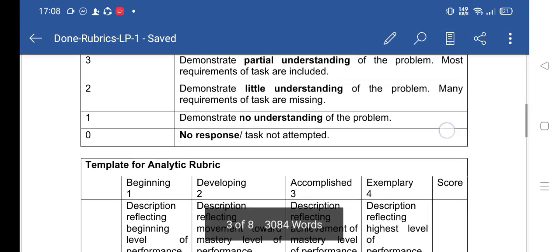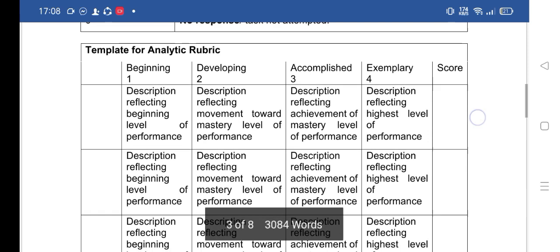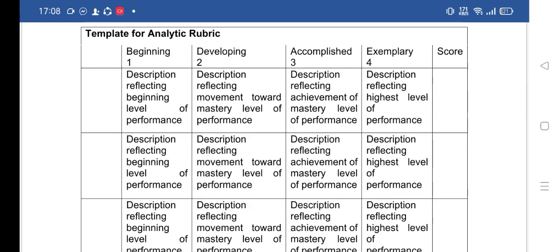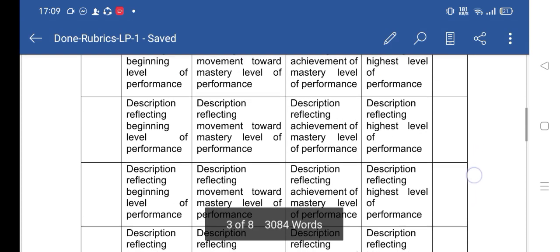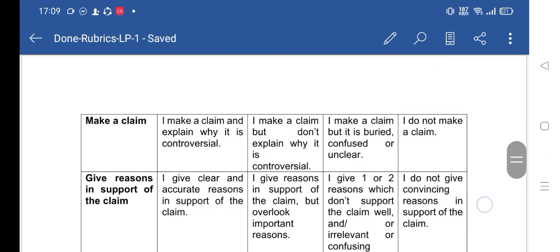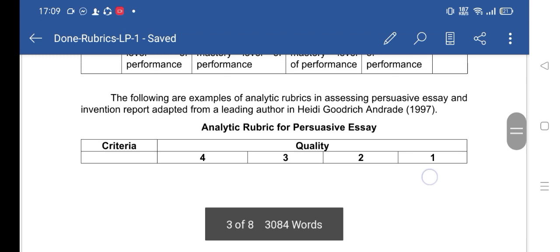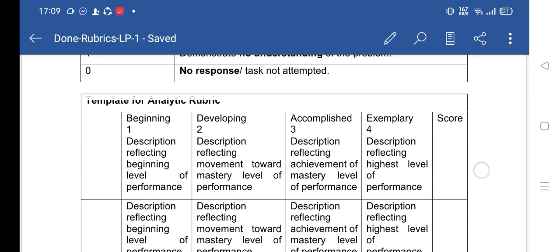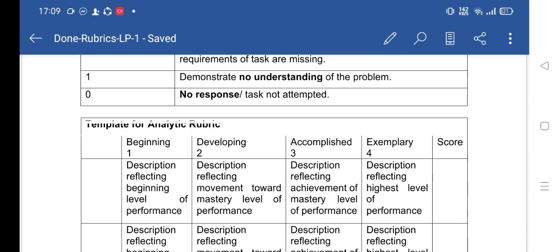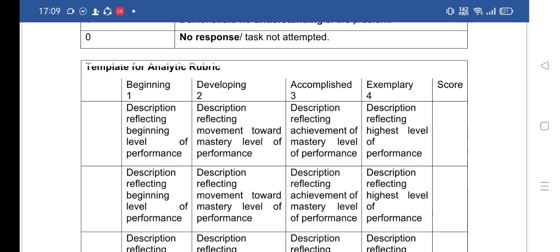So let's move to the template of analytic rubrics. So this is an example of an analytic rubric. If the teacher wants us to write an essay, the teacher will be able to use this kind of rubric to know the weaknesses and strengths of the students, whether they really understand the topic that is being discussed, or whether they have mastered the topic.